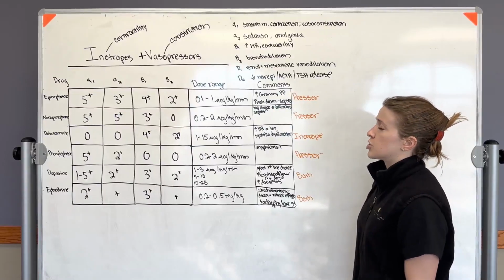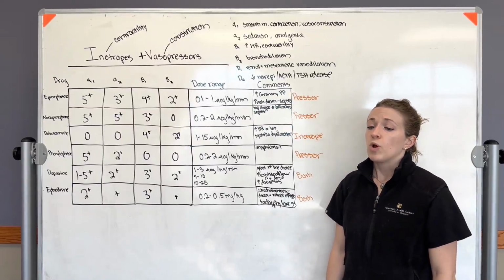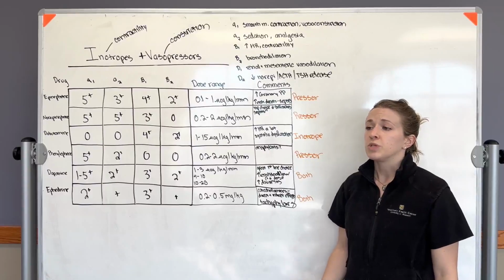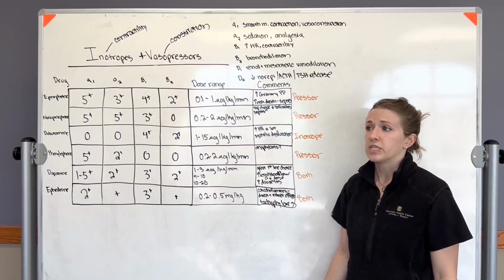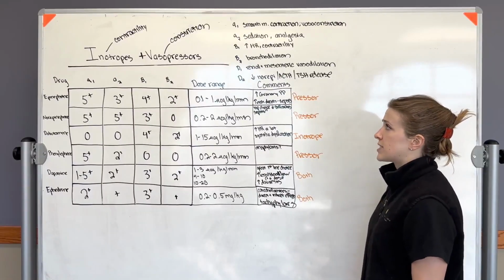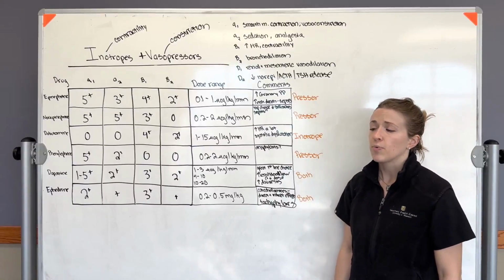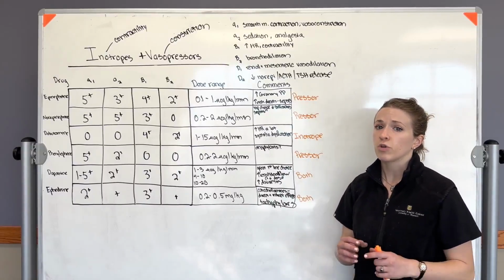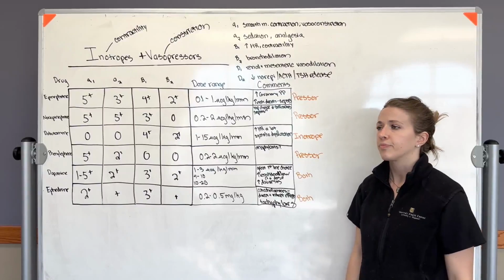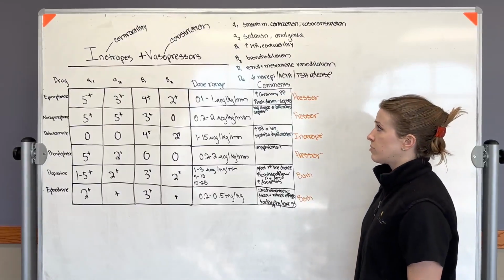Beta-1 receptors, when you activate them, you will see an increase in heart rate and contractility. Beta-2 receptors are associated with bronchodilation, so dilation and enlargement of the bronchi and bronchioles.